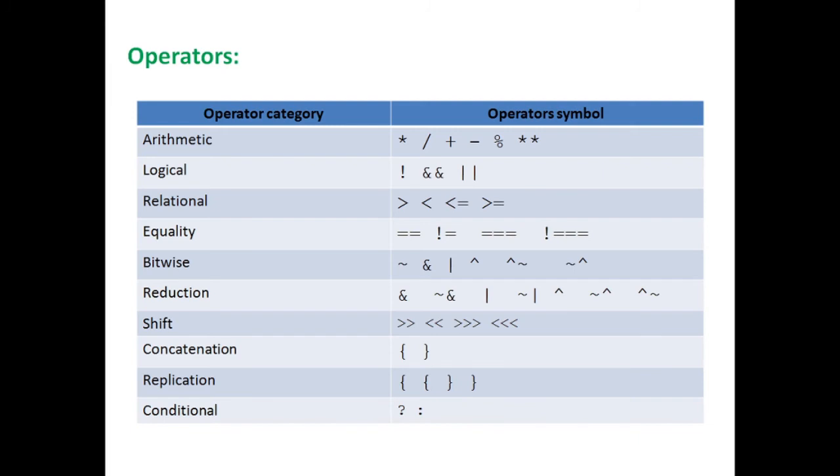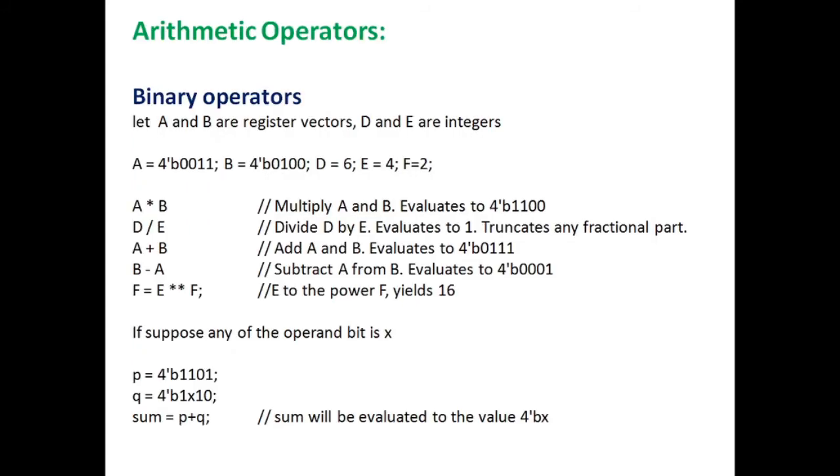As in any programming language, we use operators, which may be arithmetic, logical, relational, equality, bitwise and so on. In Verilog HDL also, we will discuss each and every operator in detail.